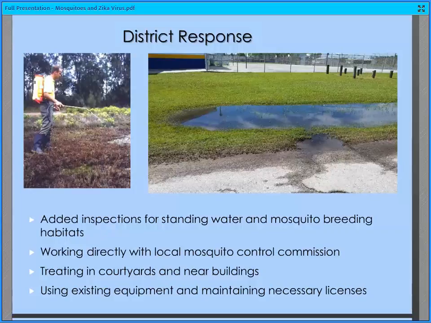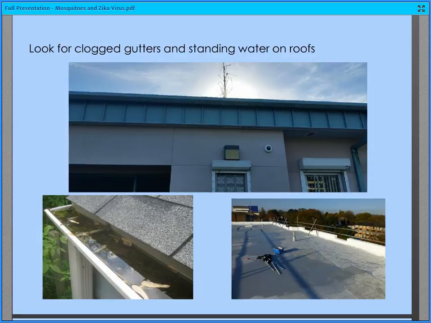That's gone as far as standing water, tires, plants, downslopes, gutters, drain areas, and just property. We also look at the property around the school, so that if there's an area that needs to be treated, we can let mosquito control know about that.